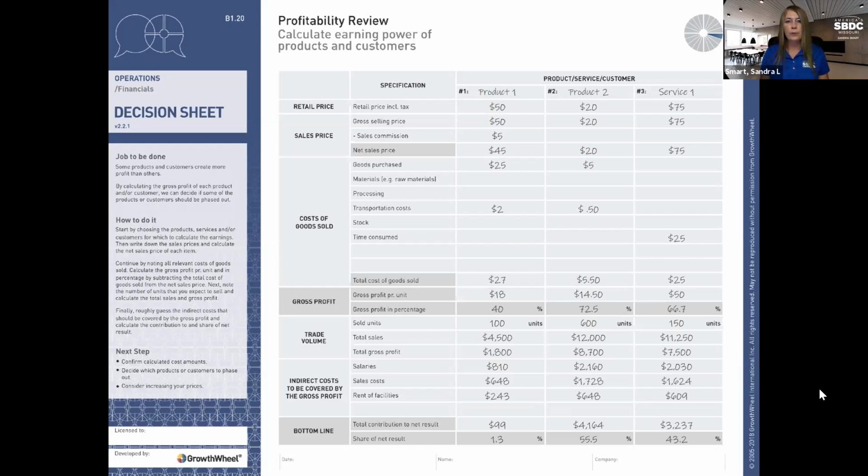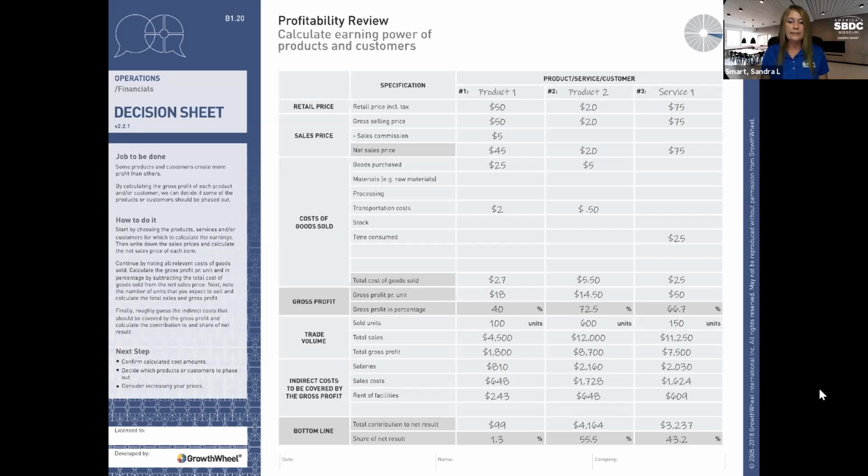What is the gross profit per unit? And then what is that percentage based on the sales price? You can see calculated out here. On the surface, it looks like product 2 and service 1 obviously have a much higher gross profit percentage. And then you're estimating or using historical data to estimate forward on how many units you are selling of that.